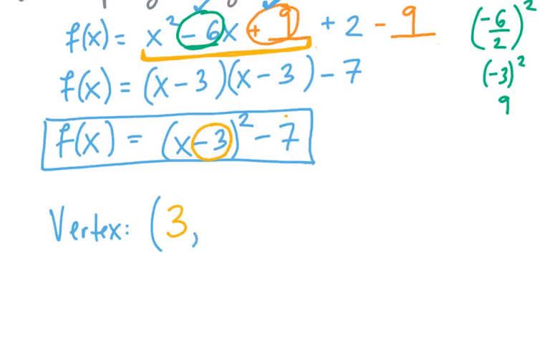And then the -7 means we shifted down by 7, so the y-coordinate of the vertex is -7. I'll leave it to you to graph this in Desmos to verify that (3, -7) will be the vertex of that graph. So if you were to graph it, it would be, in this case, the lowest point on that parabola, which is pretty cool.